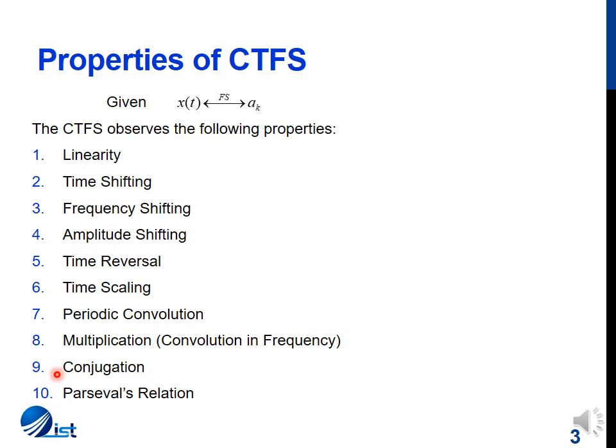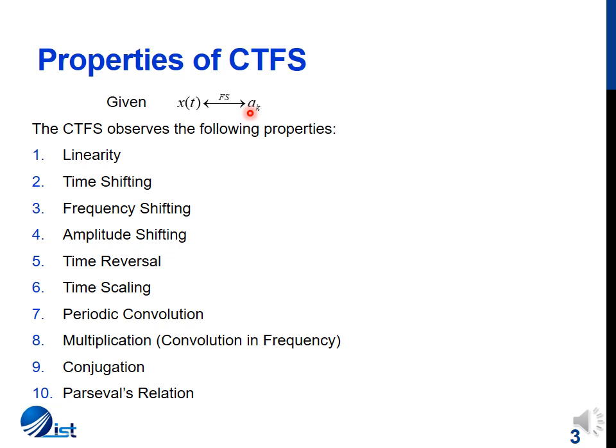In fact, if you look at other books, you might find one or two more properties, but these are the properties that we'll be considering for our course. So if a signal x of t is described by its coefficients a of k, where k varies from minus infinity to plus infinity, then the following properties will be applied in the forthcoming slides.